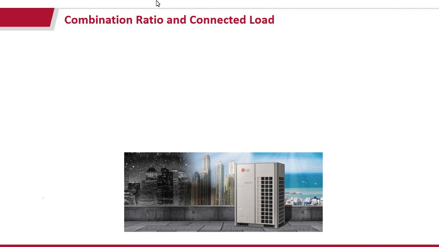The one thing you do have to pay attention to, though, is your combination ratio or connected load. That's the ratio of the nominal capacity of all of your indoor units combined divided by the nominal capacity of the outdoor unit they're connected to.